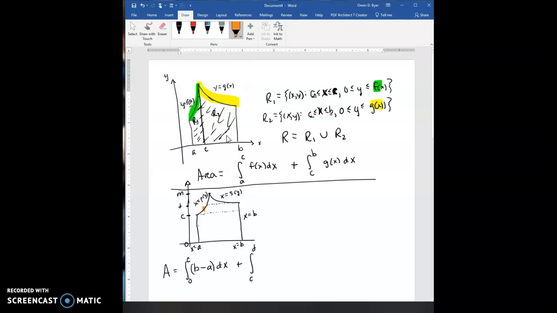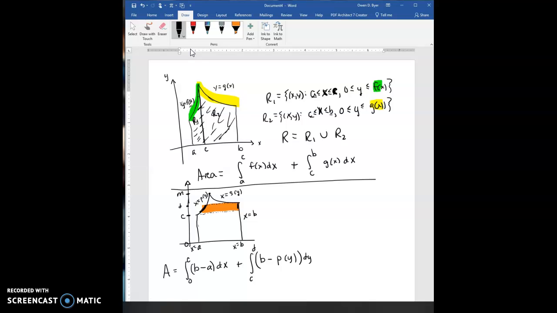I'm going from a lower bound of x equals p of y up to an upper bound of x equals b. So my difference in my x values is b minus p of y, upper bound minus lower bound.